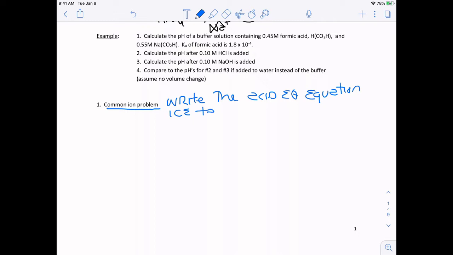I am still totally cool if you guys can go right to the math without setting up the table. You can skip that at this point. We're going to use our Ka because that's what we do when we write our ice table, and then we're going to solve for x. And x is going to be my hydronium ion concentration. Once we solve for that, just take the negative log of it to get our pH.